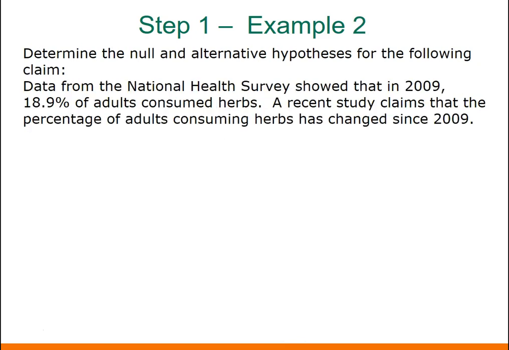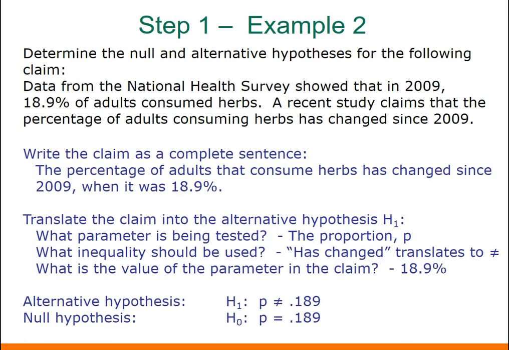Here's another example. Data from the National Health Survey showed that in 2009, 18.9% of adults consumed herbs. A recent study claims that the percentage of adults consuming herbs has changed since 2009. Again, we're going to start out by writing our claim as a complete sentence.